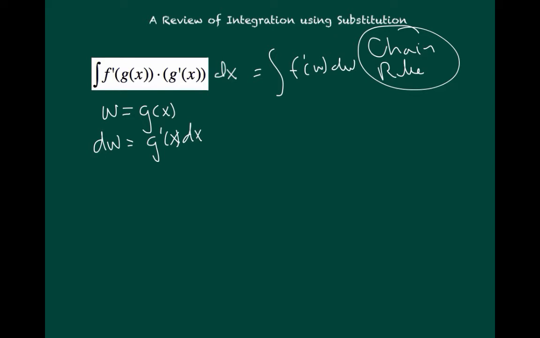Now, that's easier to integrate, and when you do, you get f of w plus c. Of course, we had to substitute back in, so we ended up with f of g of x plus c. Now, obviously, when you take the derivative of this composite function, you will get what we started with. The derivative of that would equal f prime of g of x times the derivative of the inside function, g prime of x. So substitution works.